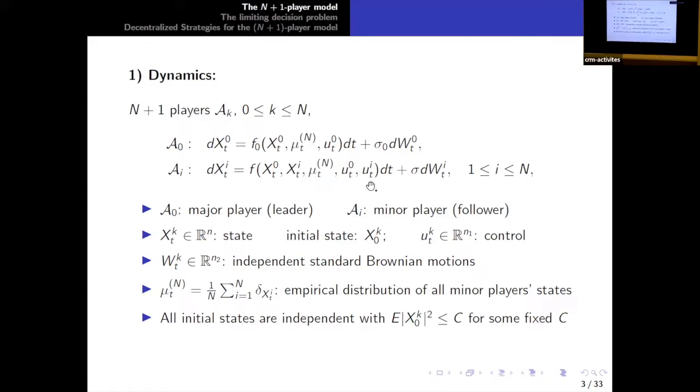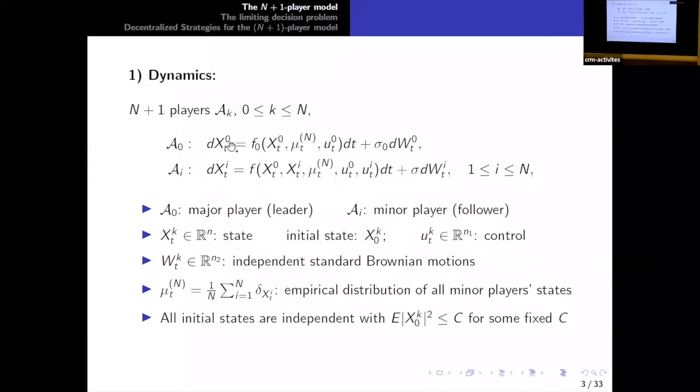You can see here the state and the control of the major player directly enter the dynamics of Ai, called a minor player or follower. So each minor player receives strong influence from this major player.